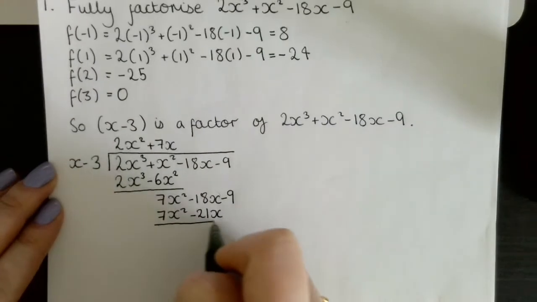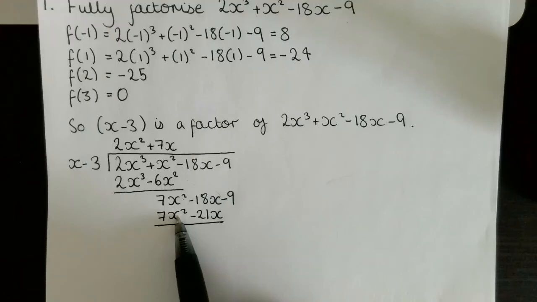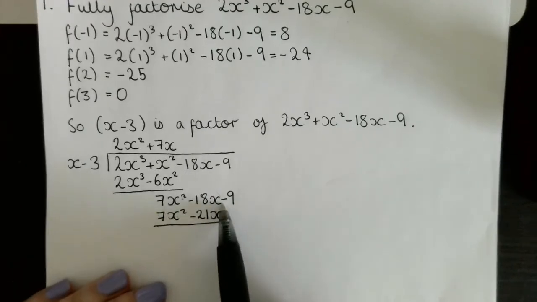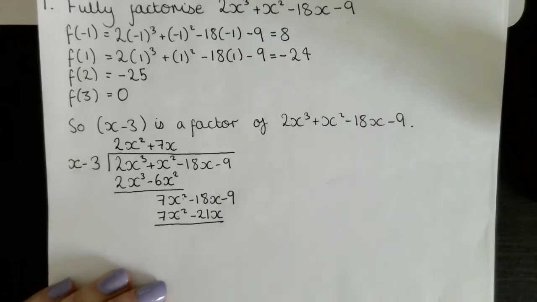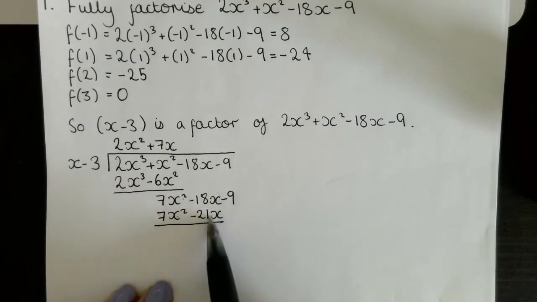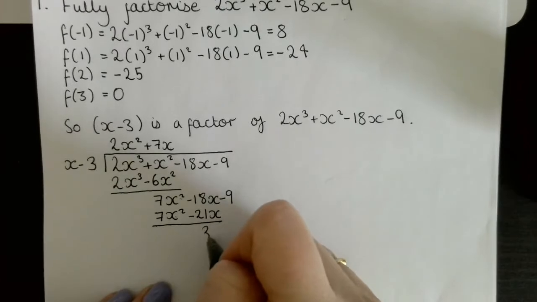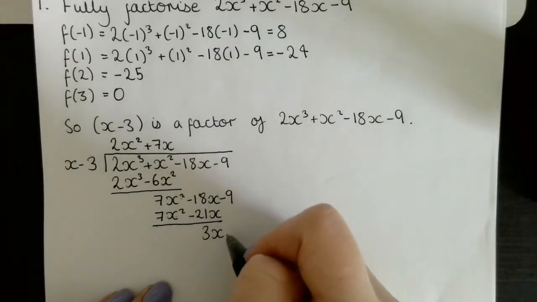I'm going to then use column subtraction. 7x squared subtract 7x squared is 0. Negative 18x subtract negative 21x is equal to negative 18x plus 21x. So I get 3x, and then I've got negative 9 subtract 0.